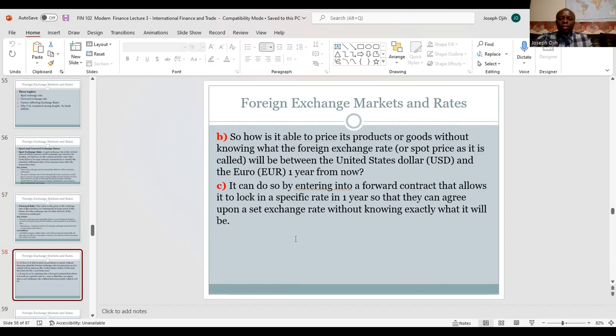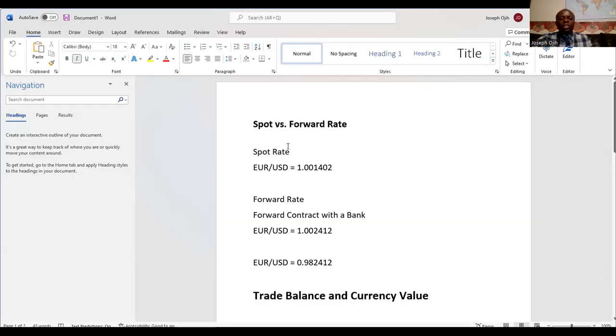Now let me explain it more so that I make sure you get the point here. Suppose this is the exchange rate now for the euro versus the US dollar. This means that €1 can buy $1.001402. That means the euro is worth more than the dollar. So this is the spot rate.